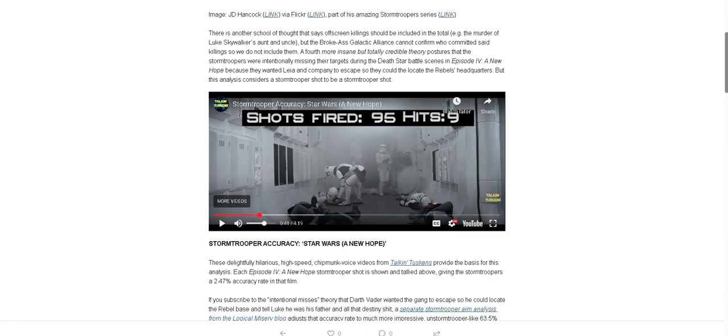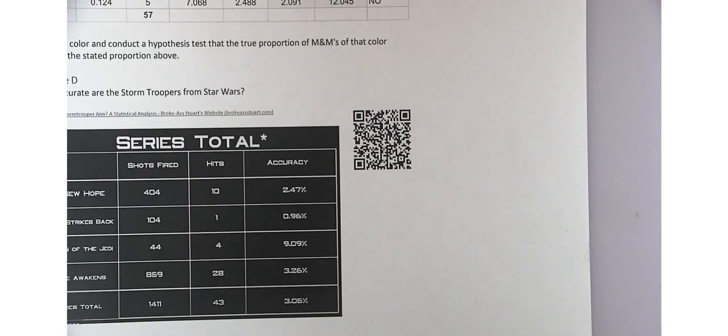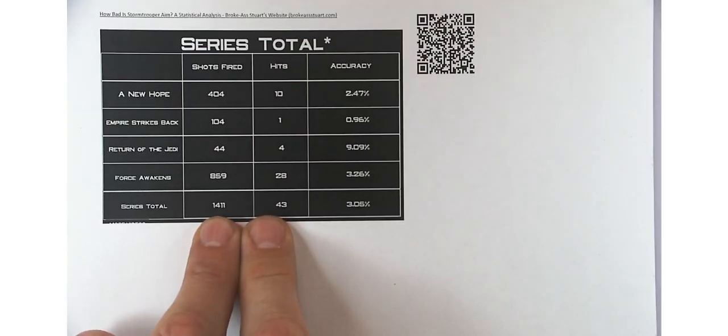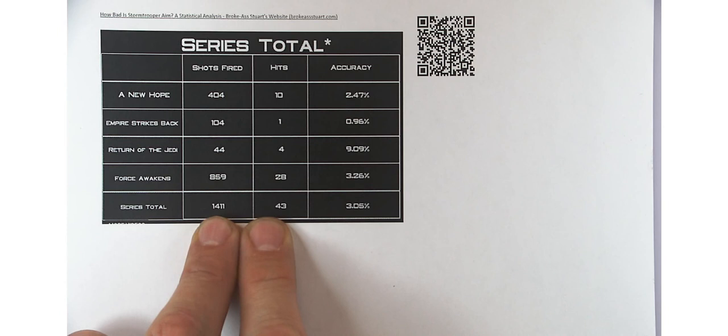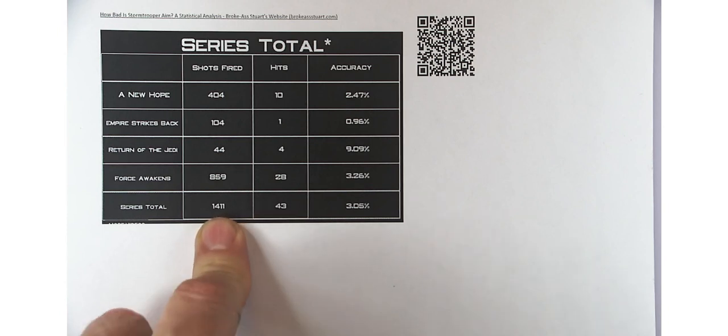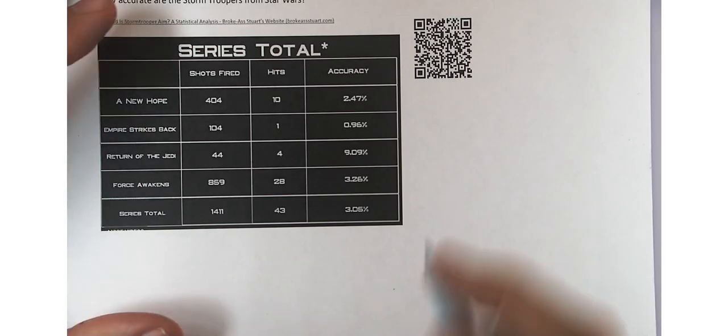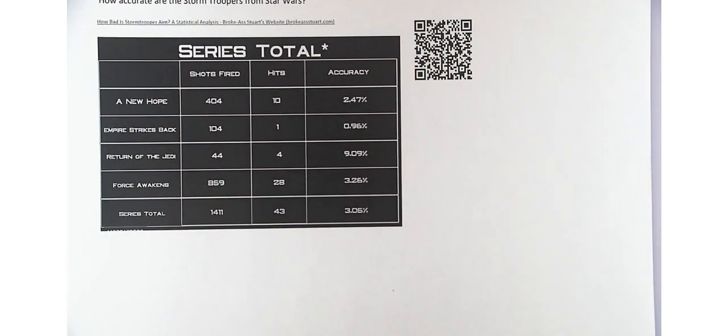All right, good enough. Now I got some summary numbers here for us. The summary numbers in the series total are 43 hits out of 1,411 shots. Now, I'm not going to go through all the assumptions here, but let's just throw it out there that my claim is that the stormtroopers hit less than 1 in 20 shots.